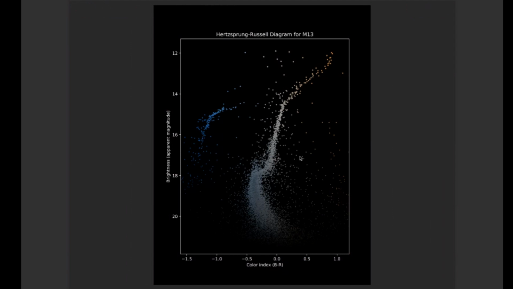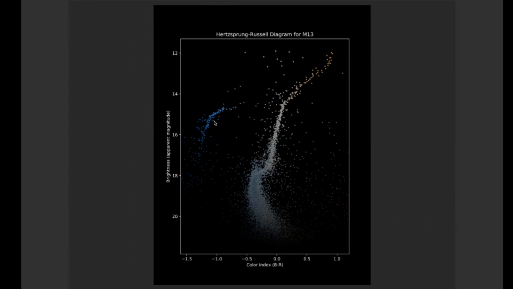And maybe even these bright things up here are just other stars having nothing to do with M13. But this structure would only exist if there's some correlation between all the stars, and that correlation is they're all in the globular cluster. And also, by the way, this part over here is part of the globular cluster as well.